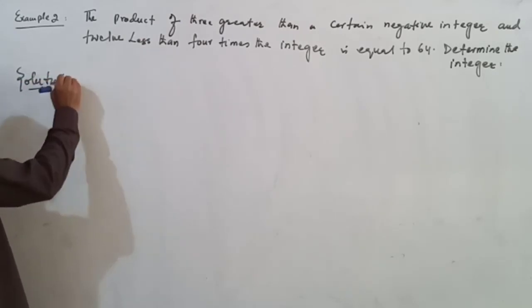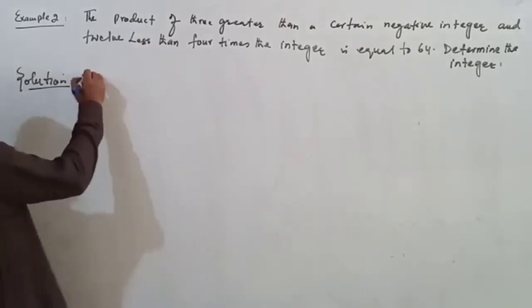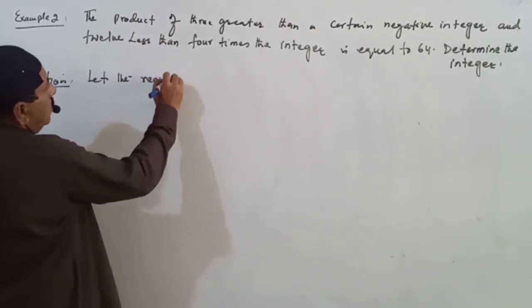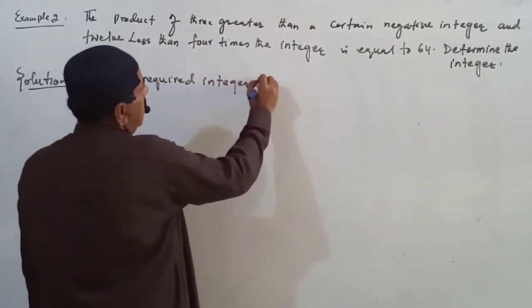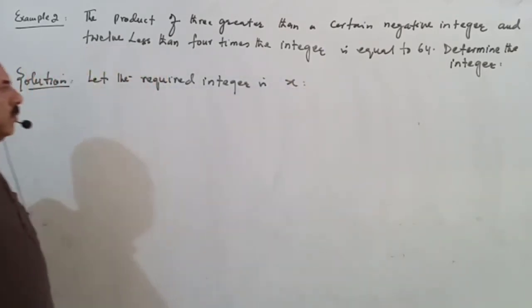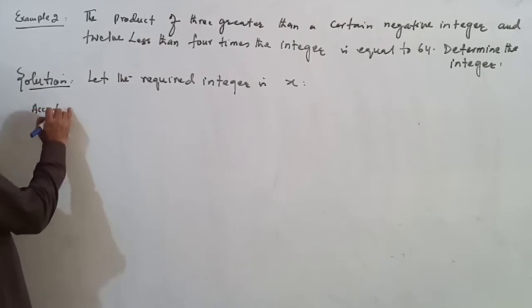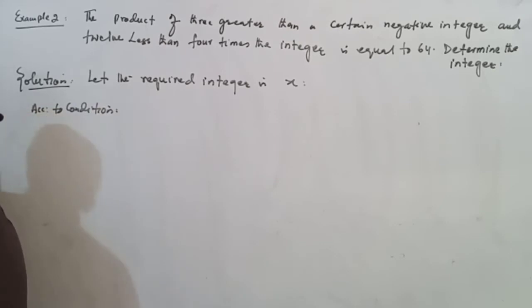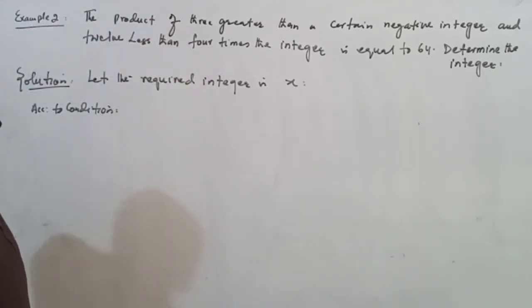Okay, same condition. Let the required integer be x. According to the condition, the product of 3 greater than a certain negative integer.